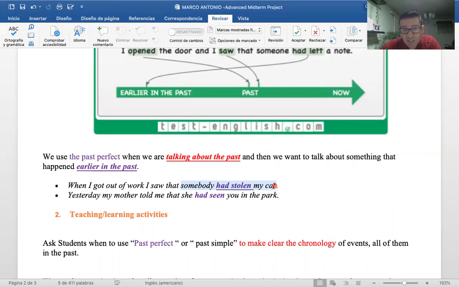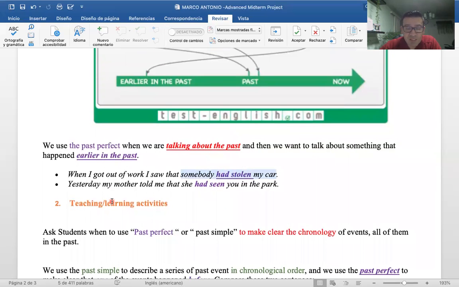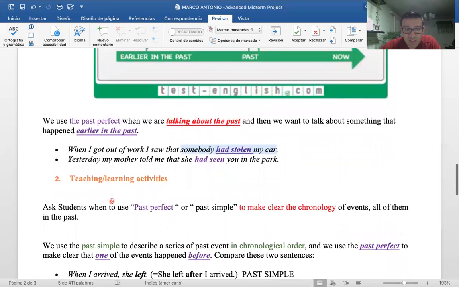So in this case, someone had stolen my car, and then I noticed when I got out of work. Here's another example. Yesterday, my mother told me that she had seen you in the park. Both events in the past, and which event happened first? Yeah, my mother saw you, and then it happened yesterday.